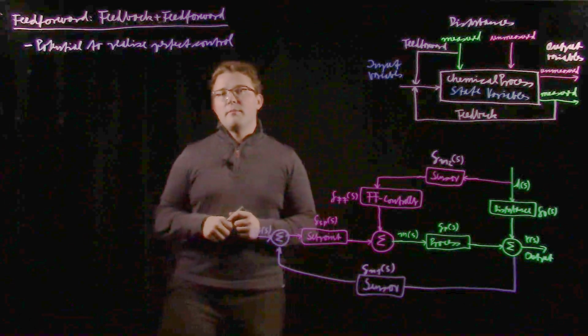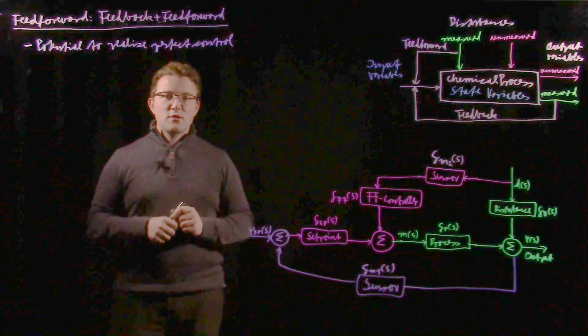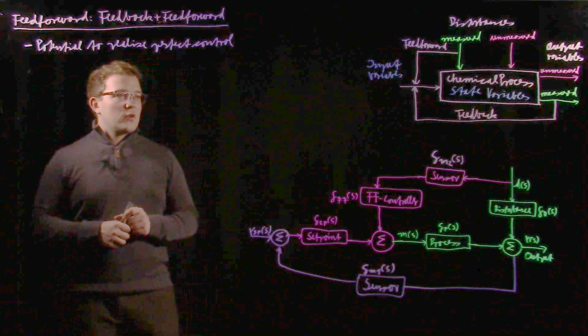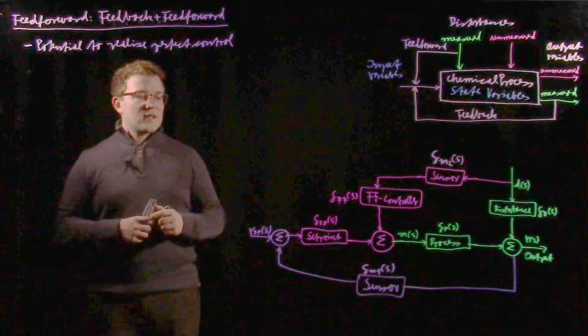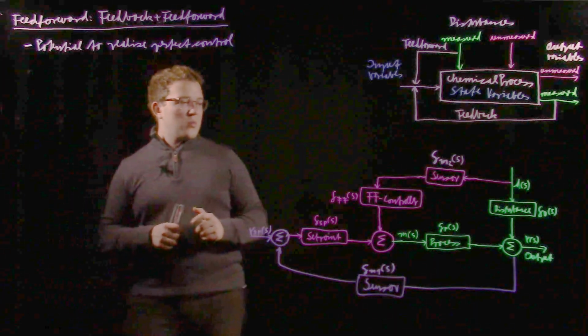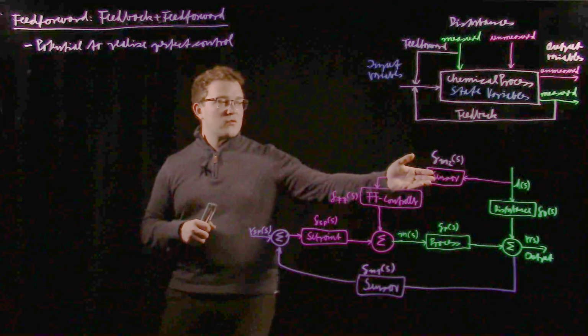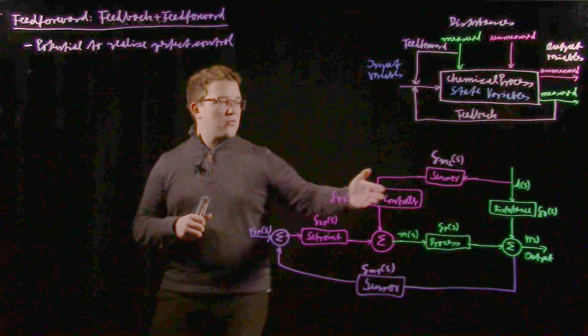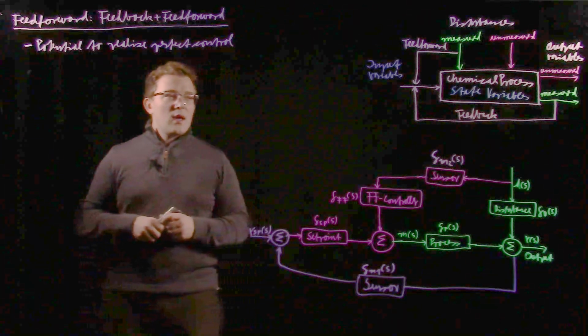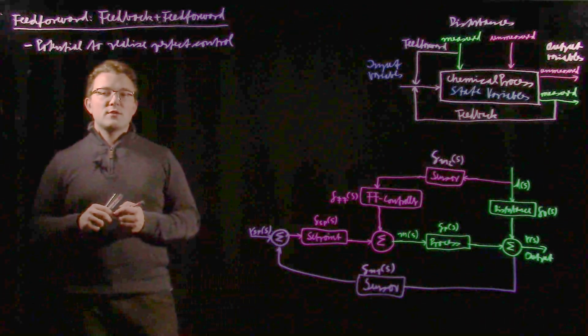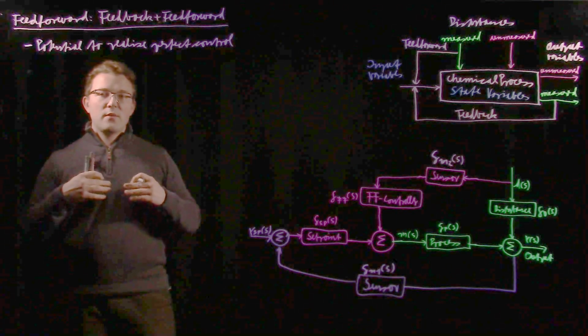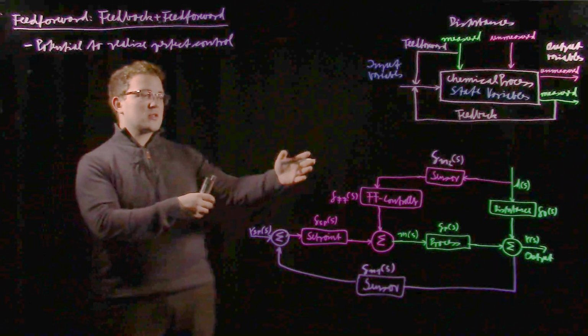But as you may imagine, we are dealing as engineers with the real world, and therefore it's quite tough to realize that, because in order to determine these values for the feedforward control or for the transfer function of the disturbances, so the GFF and the GD, we have to know all the disturbances, and we have to be able to measure all of the disturbances.